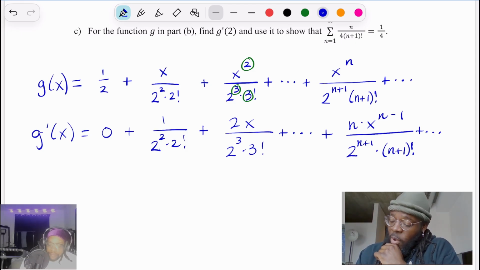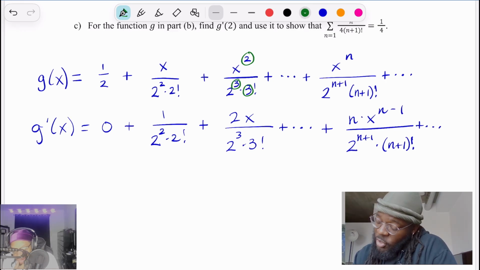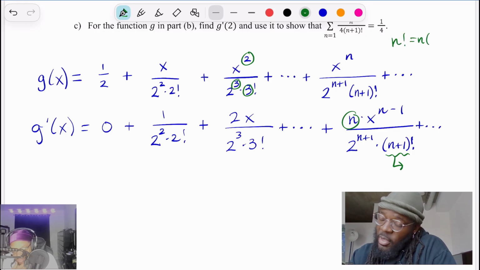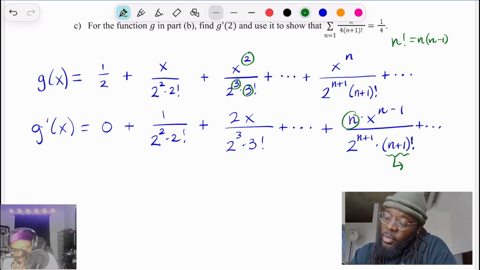All right, so now this is g prime. I want to find g prime of 2. Maybe I can cancel something from the general term, because I have this n and this n factorial. n factorial is n times every integer one less than it down to 1, so n minus 1 times dot, dot, dot, all the way down to 1.